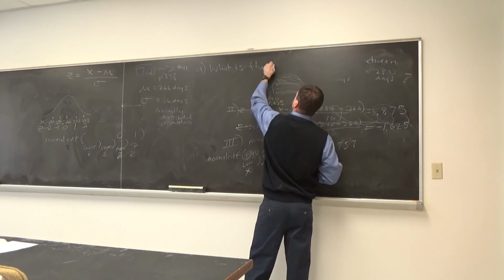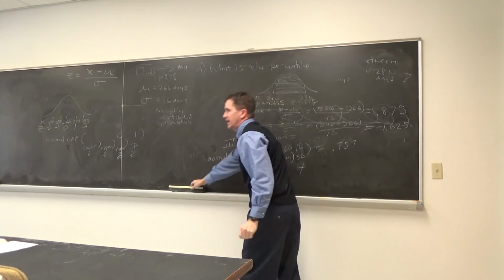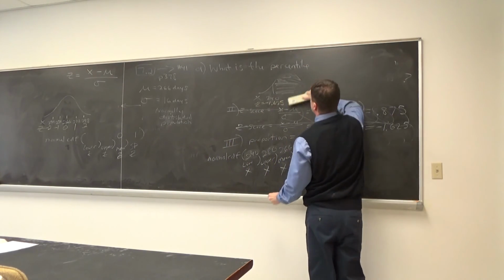What is the percentile rank? You've heard this before, you're like, what percentile ranking are they in if it's a bell-shaped distribution?